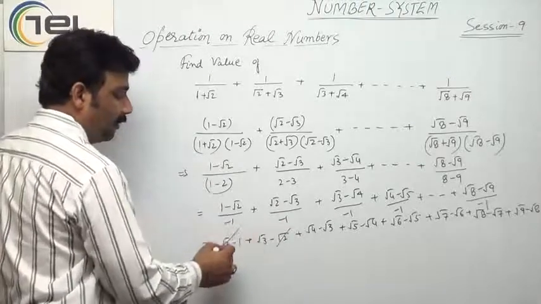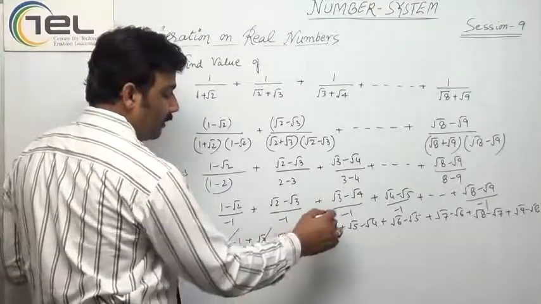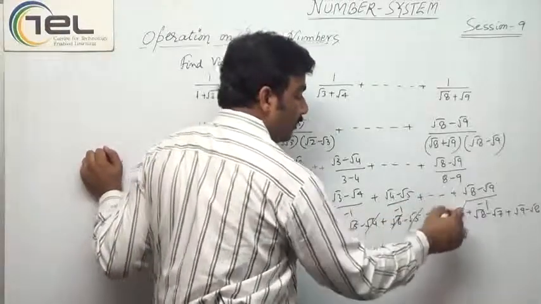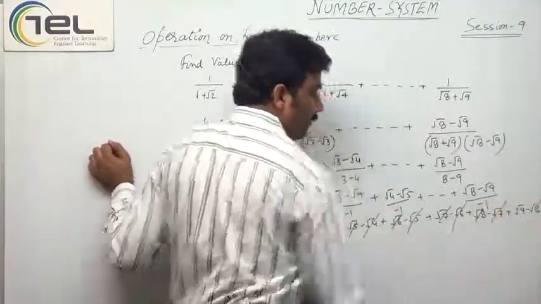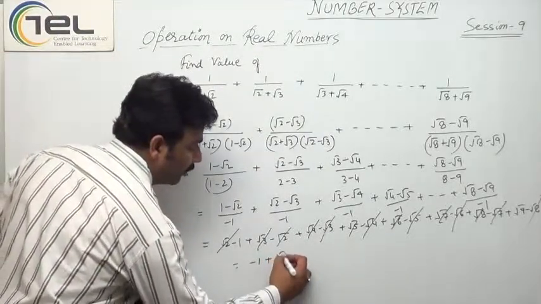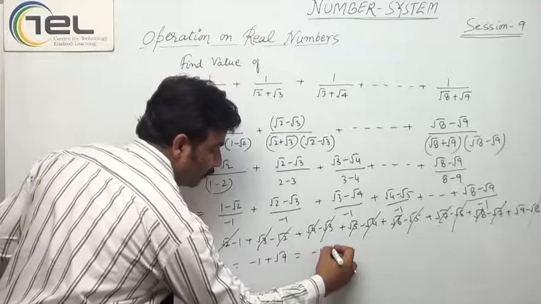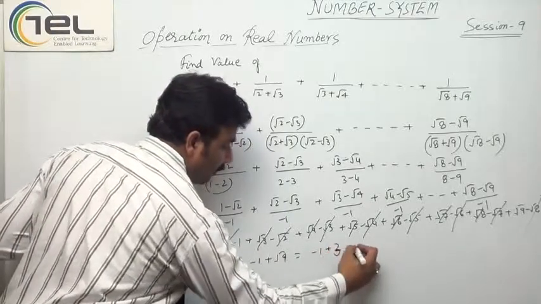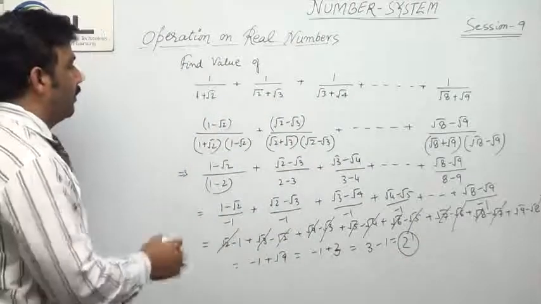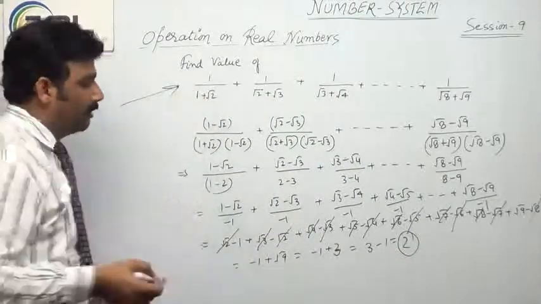This root 2 will be cancelled by this, this by this, and so on. What we have been left with is minus 1 plus root 9, which is minus 1 plus 3, and it becomes 3 minus 1 equals 2. So the answer of whatever we have here is 2.